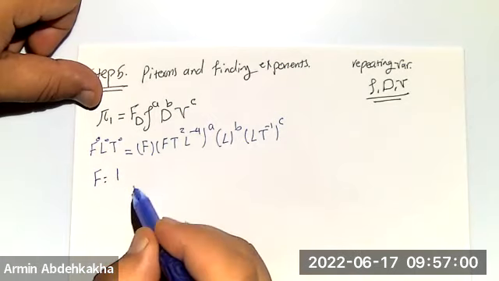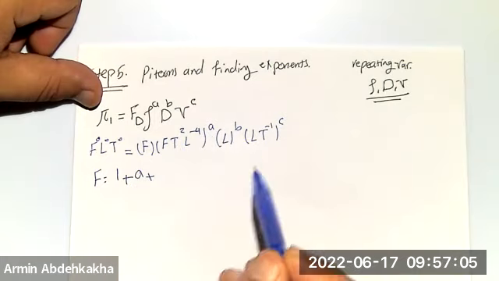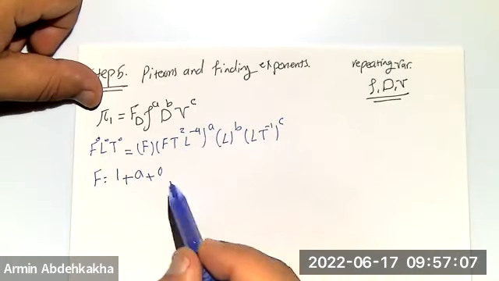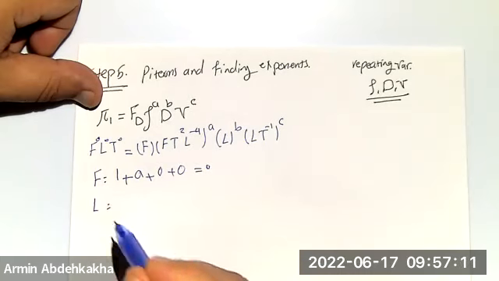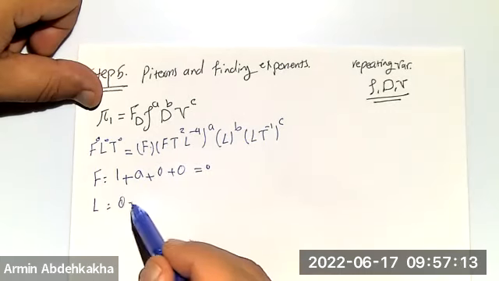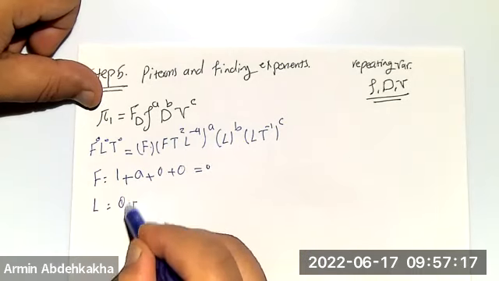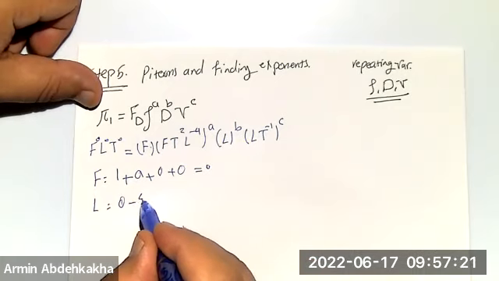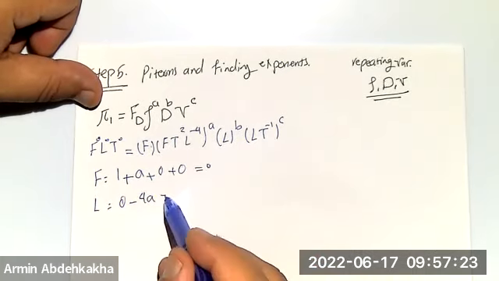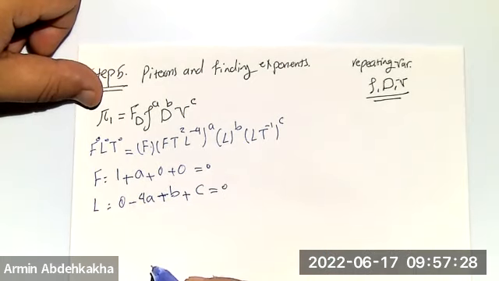Okay, so apply for F. F is 1 plus a, doesn't have 0, plus 0 equal to 0. For L, we have 0 minus 4a plus b plus c equal to 0.